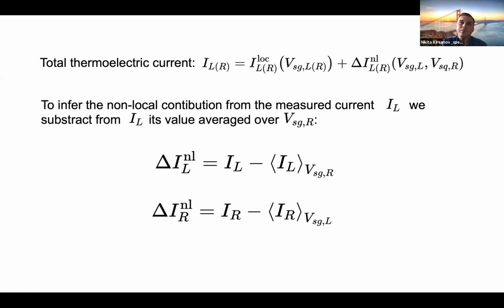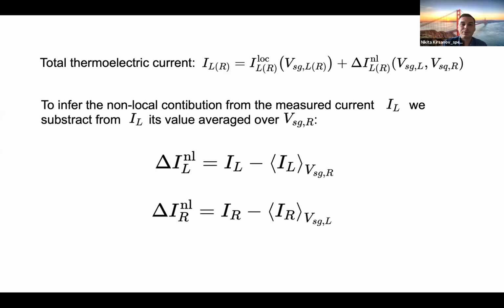This is because when you average it, you essentially eliminate the non-local contribution. It requires some symmetry of the non-local part. Yeah, this is probably because of the symmetry, and at least our theoretical considerations show that.